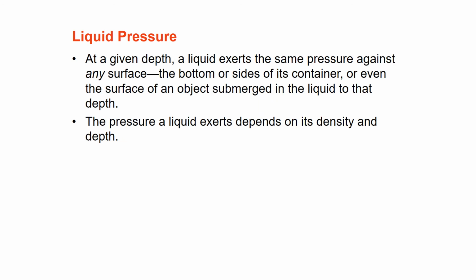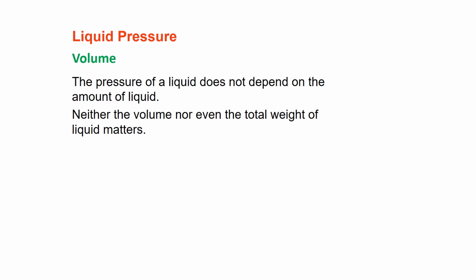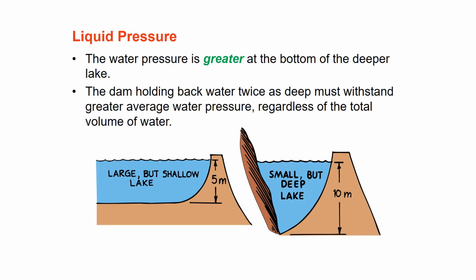At a given depth, a liquid exerts the same pressure against any surface: the bottom or side of its container, or even the surface of an object submerged in the liquid to that depth. The pressure a liquid exerts will depend on its density, and accordingly, the pressure of a liquid does not depend on the amount of liquid, neither the volume nor even the total weight of the liquid.